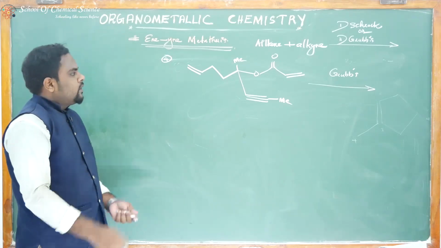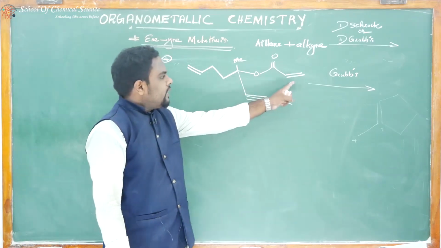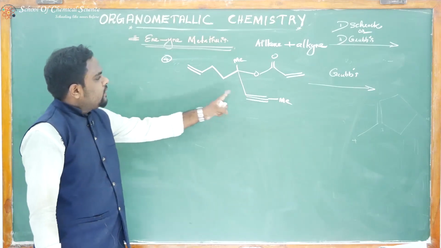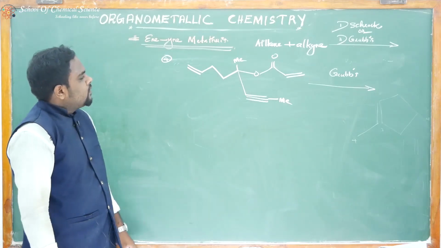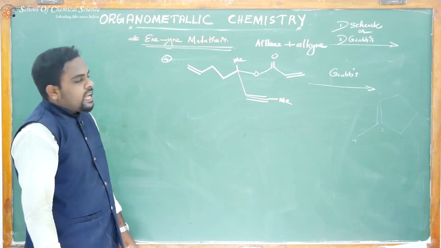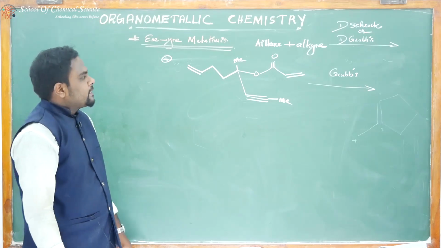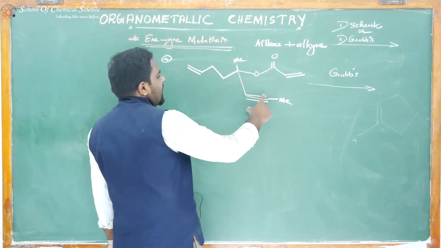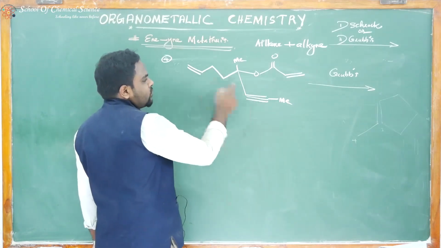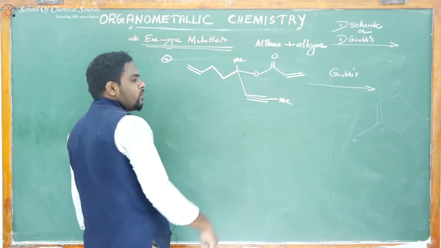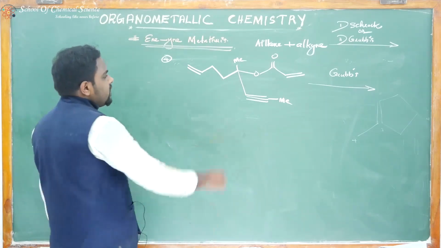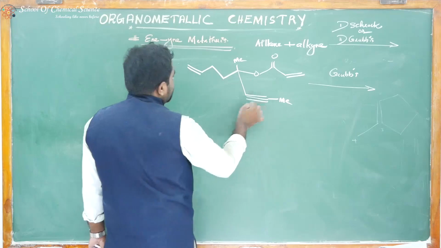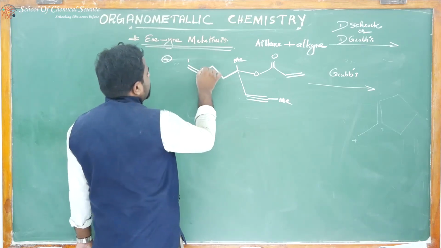Here two alkenes are there and one alkyne is there. What happens? In the first case, one of the alkenes and the alkyne, these two are neighboring, and alkynes are more reactive than alkenes. So these two undergo metathesis.